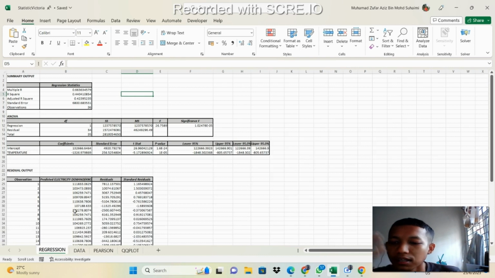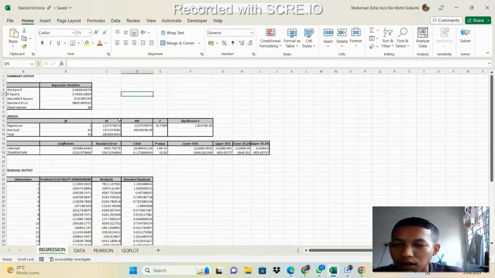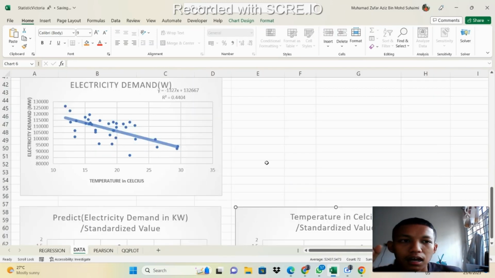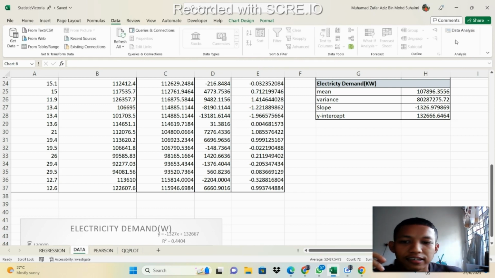The second one is the regression data itself. How do we get all this data? It is simple, by using an additional function in Excel, which is the data analysis.